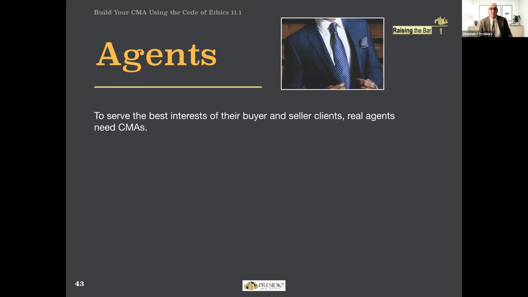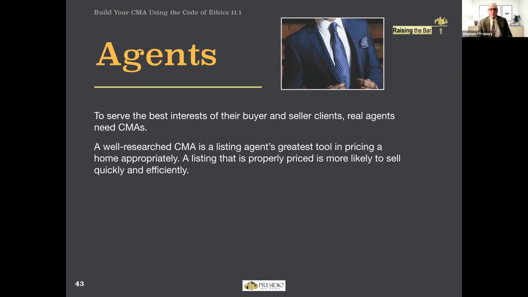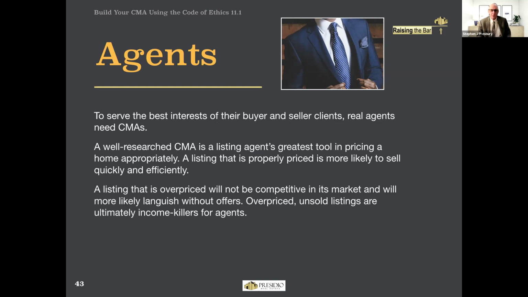Obviously, to serve the best interests of the buyer and the seller clients, real estate agents need that CMA. A well-researched CMA is a listing agent's greatest tool in pricing a home appropriately. A listing that is properly priced is more likely to sell quickly and efficiently, and we're all happy when that happens because we haven't got to do loads of showings.